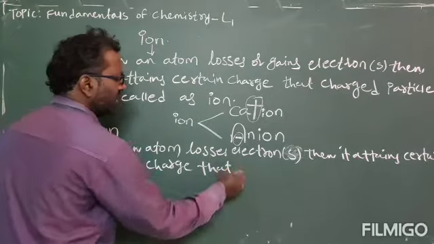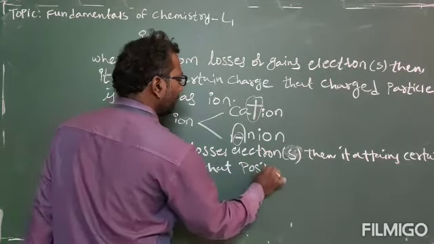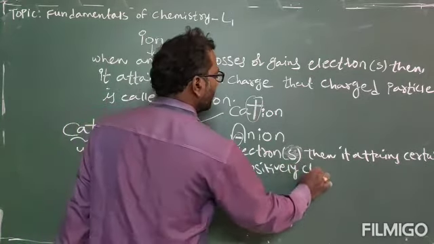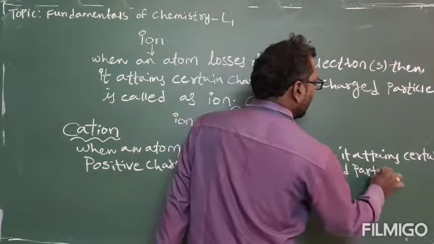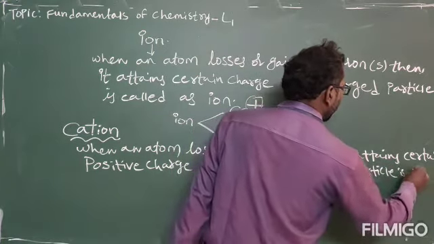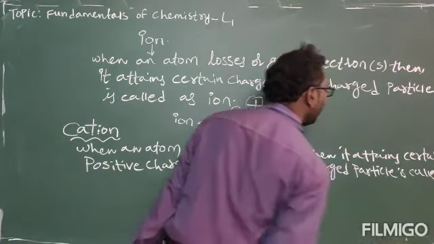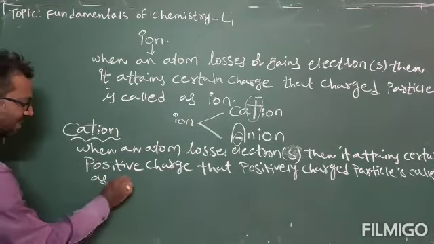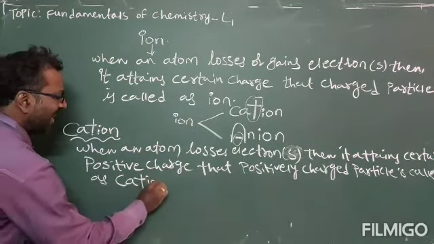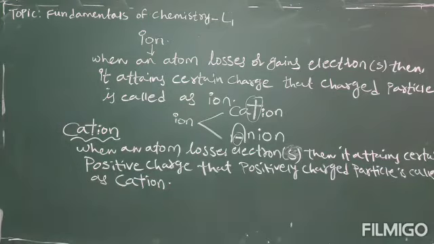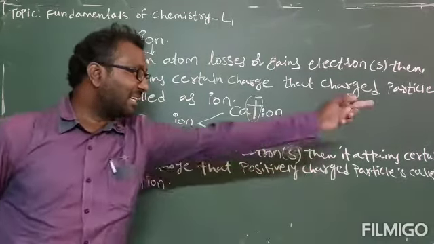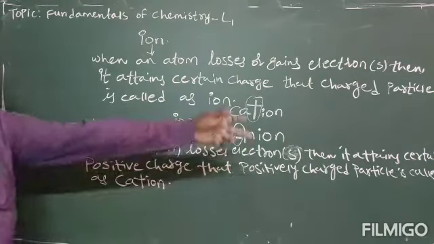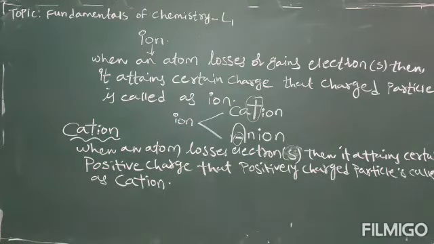The positively charged particle is called a cation. Have you understood? So say when an atom loses electron or electrons, then it attains a certain positive charge. That positively charged particle is called a cation.